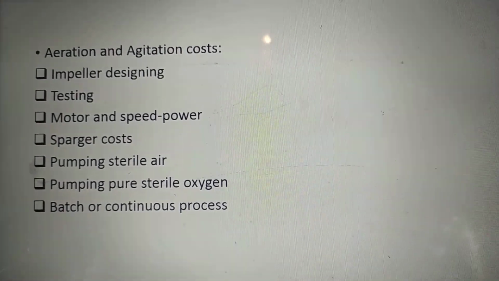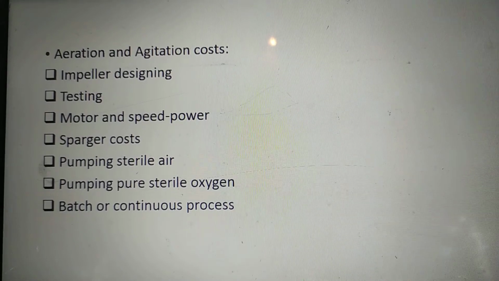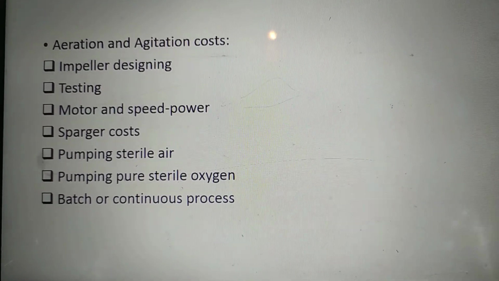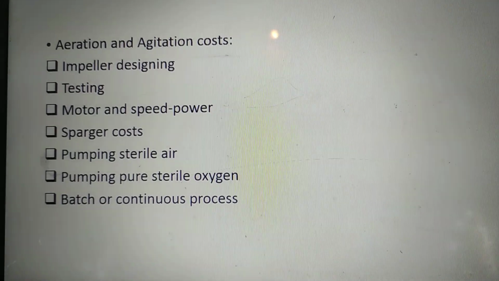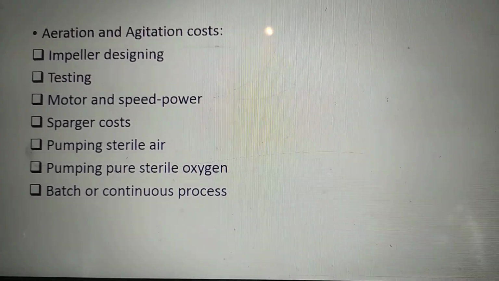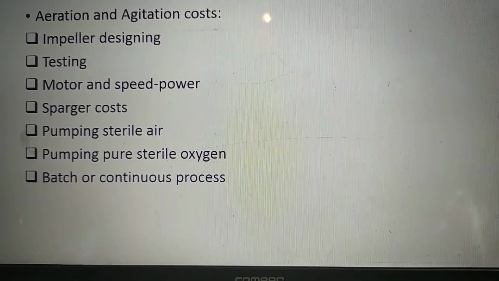Aeration and agitation cost. The impeller designing. See, every fermenter needs a different design. You learned about the Prochem, Max Flow, paddle type, etc. Depends on what is required. Testing. You have to test them, experiment them. Motor speed, power.